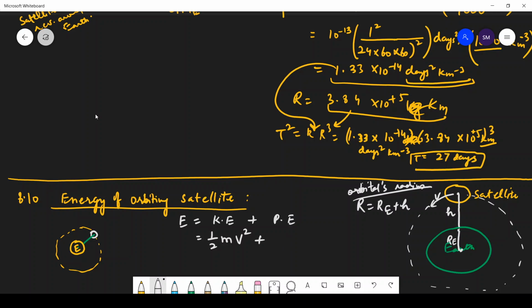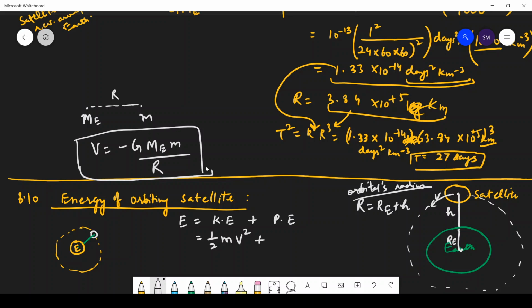We know that if we have two masses, the mass of the Earth and the mass of the satellite, the potential energy is equal to minus G into the product of the two masses divided by the distance between them. This is a very important formula for the potential energy of a system of two masses.